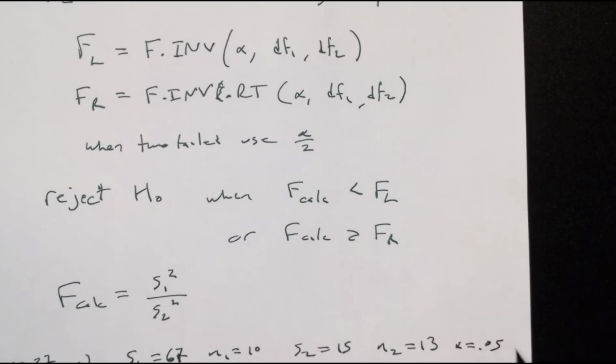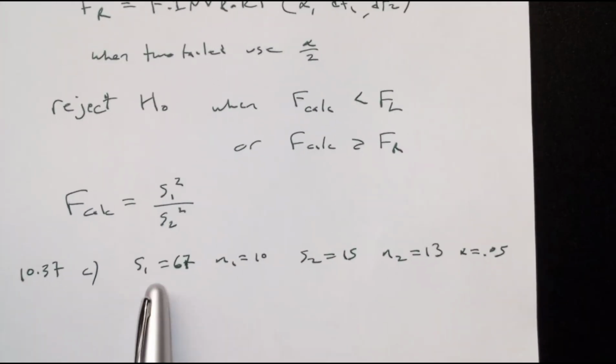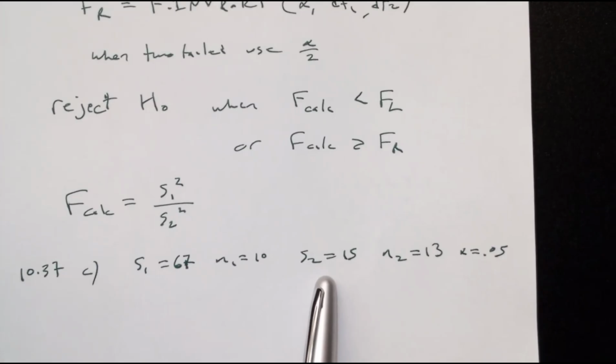Alpha is 0.05. And we are asked in this particular example to figure out, is this variance statistically significantly larger than this one?